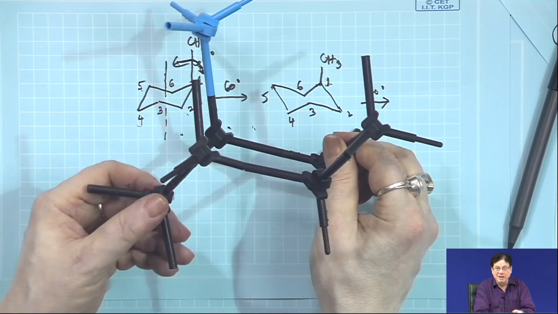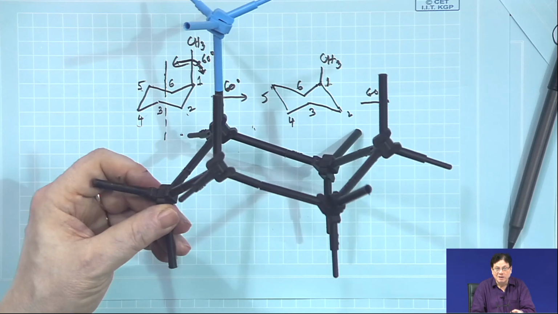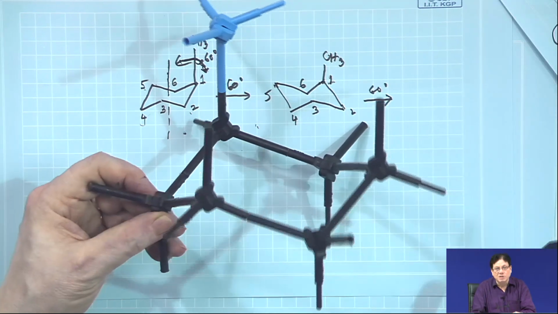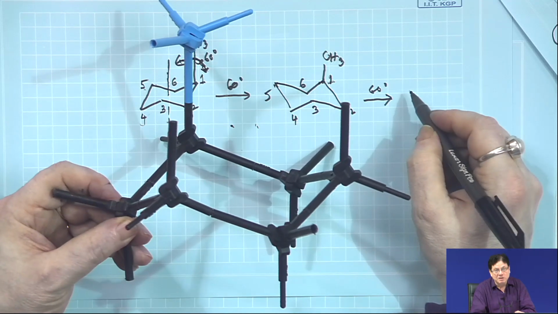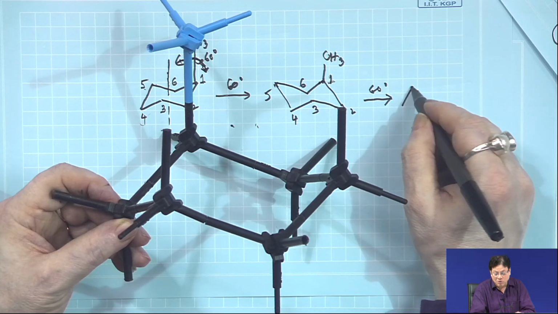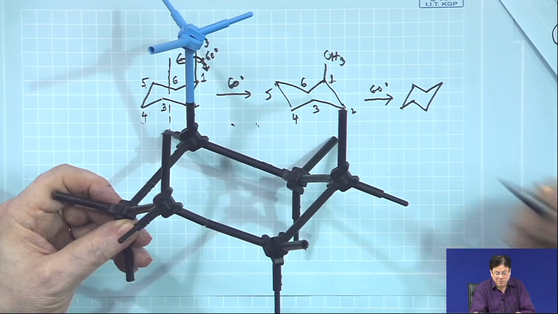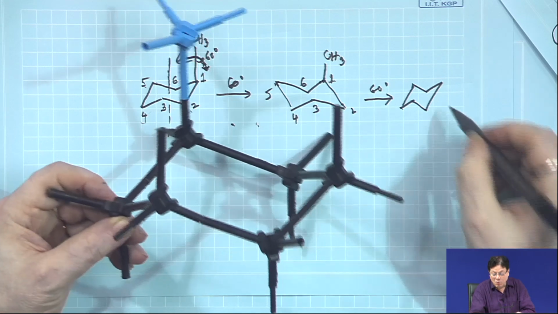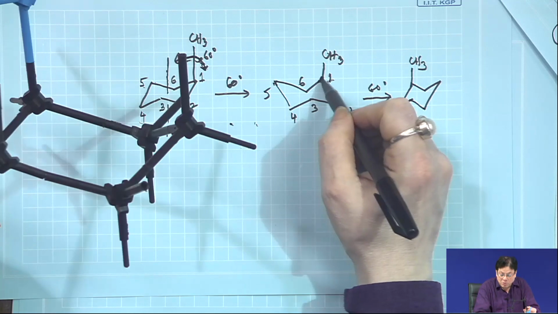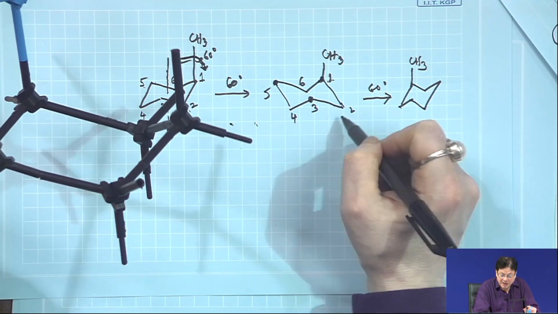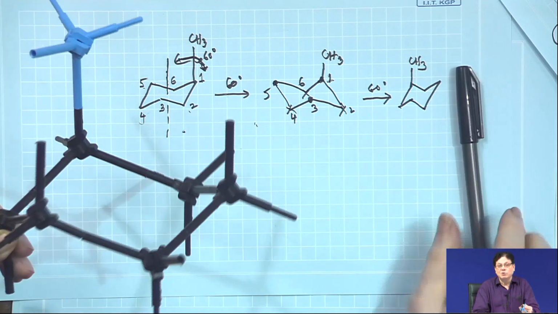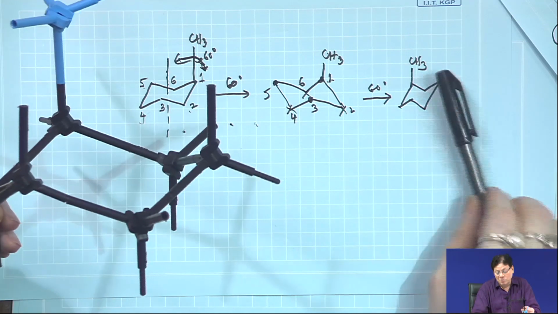If you rotate another 60 degrees, you get a chair form which looks like the first original one, but by each 60 degree rotation you get the mirror image chair form of the previous one. When you do another 60 degrees, the chair will look like this. Where is the methyl? The methyl is here, because by rotation the top carbons and the bottom carbons do not change their nature: top carbons remain at the top and bottom carbons remain at the bottom.